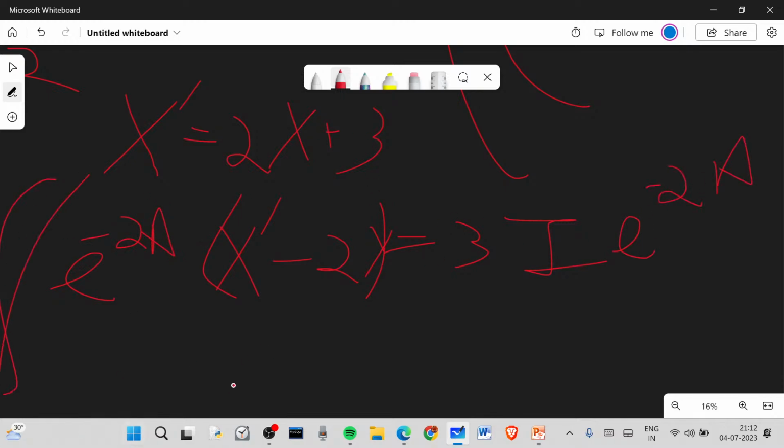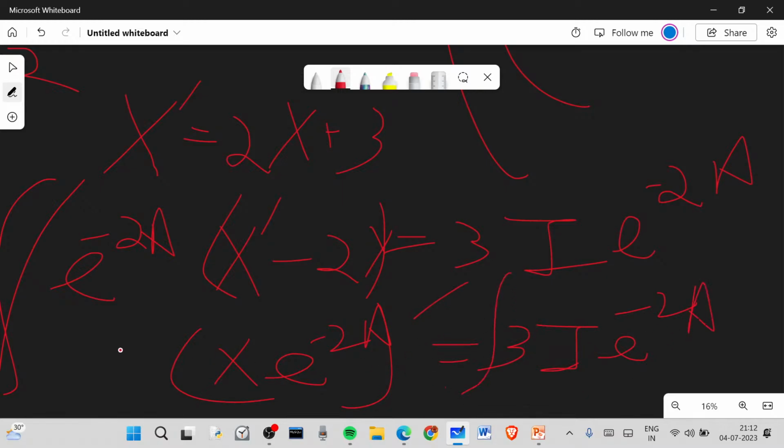Right now, integrating it, first of all, the derivative of x e to the power minus 2A is 3 times I e to the power minus 2A. These both are matrices, and I integrate over both sides.